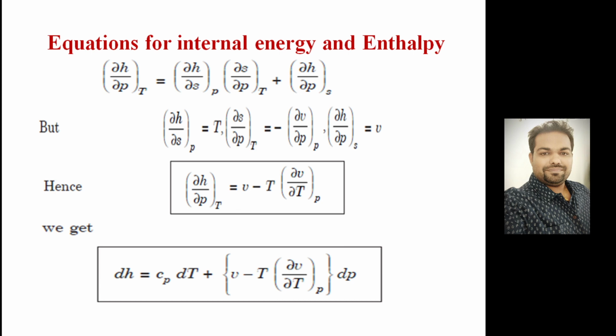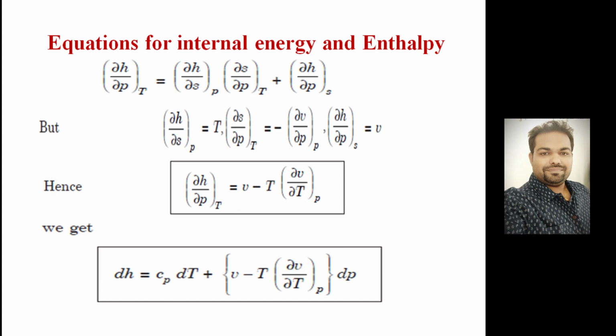So for today this much is enough. I am not going to teach more. Today we have basically derived the total of five derivations. First we expressed the TdS relationship in terms of Cv and two coefficients, volume expansivity and isothermal compressibility.